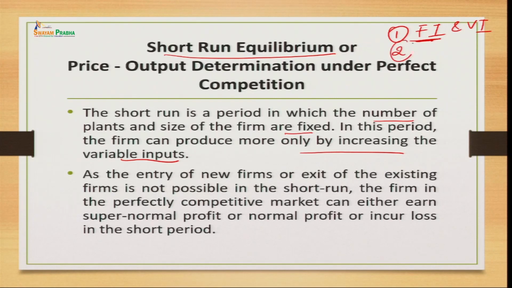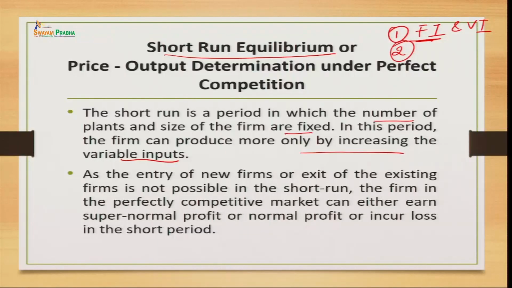The second condition which we have to understand here is that the perfectly competitive market says there is freedom to enter as well as freedom to exit the market. For sure this freedom is there, but to understand this clearly, we are talking right now about the short run equilibrium. So, it is not easy for any seller to enter this market in the short run, and it is also not possible for any seller to exit from this market in the short run.